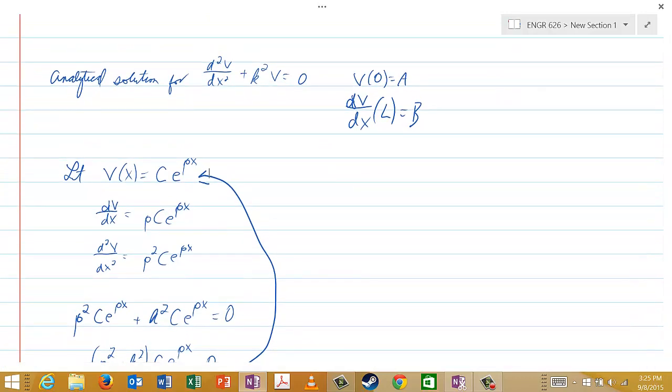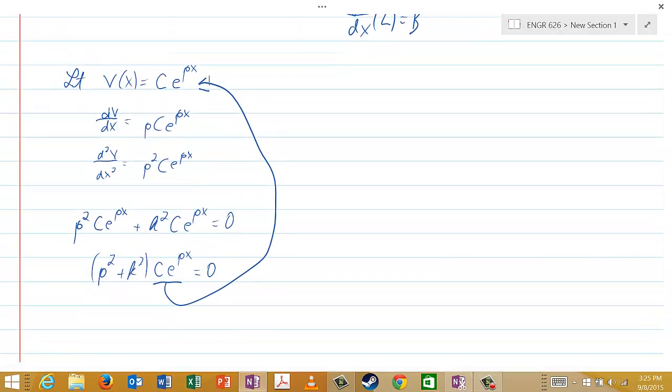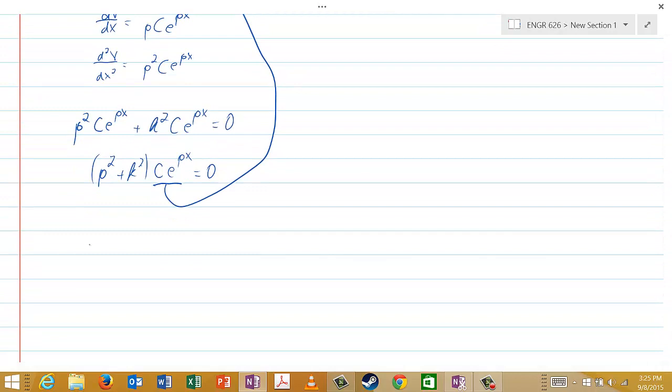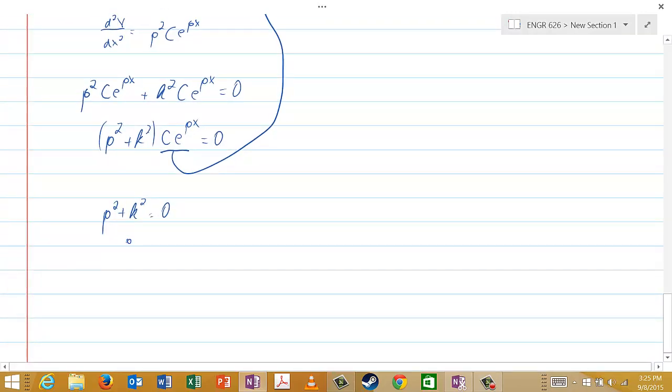And yes, that would satisfy the differential equation, but in general it would not satisfy that first boundary condition, which is v of 0 equals A. So we don't want that possibility, and therefore we're left with p squared plus k squared equals 0, and therefore p squared is minus k squared, which means that p is equal to plus or minus i k, where i is the square root of -1.